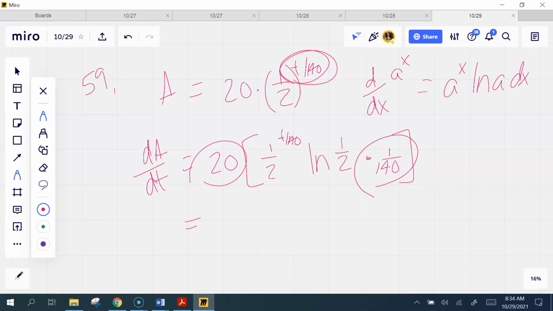What they said was at t equals 2 days, so I would pull the 2 in here for the t, and then use my calculator. It's probably going to be some random decimal, is what I'm guessing.